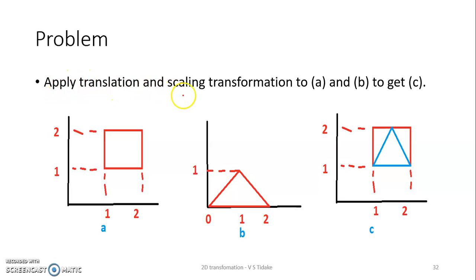See one more example. Apply translation and scaling transformation to figure A and figure B to get figure C. Now here figure A is a square and figure B is a triangle, and we want to apply translation and scaling so that we will get this triangle shifted within this square.